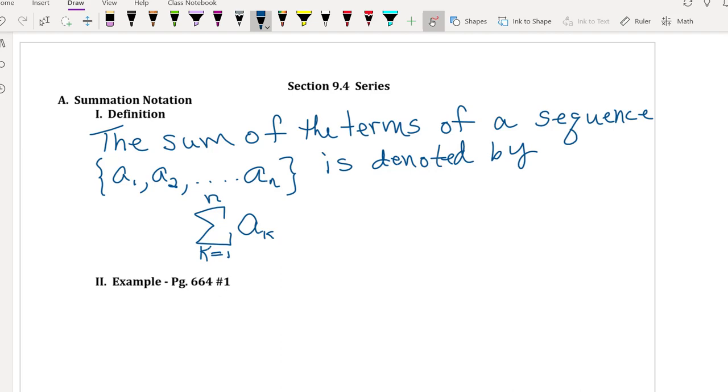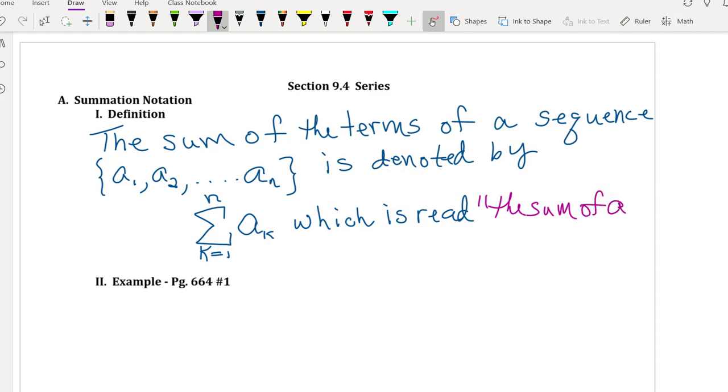So that k is a counter, and it'll count up each term, and it's always a whole number. So we finish the definition, which is read: the sum of a sub k from k equals 1 to n.